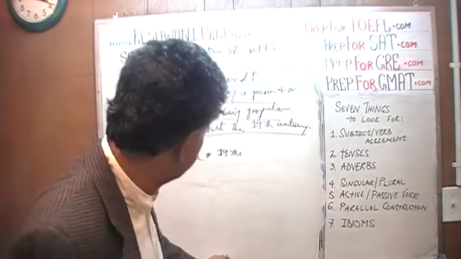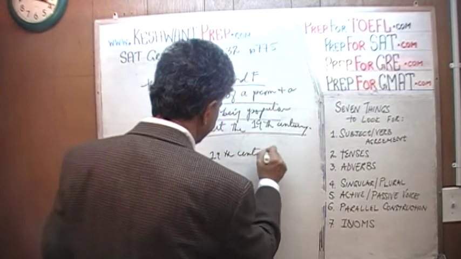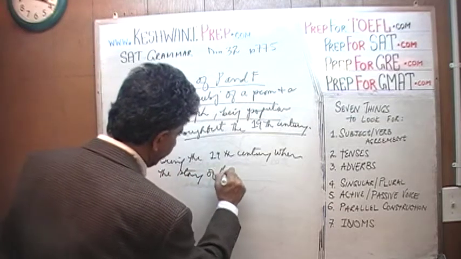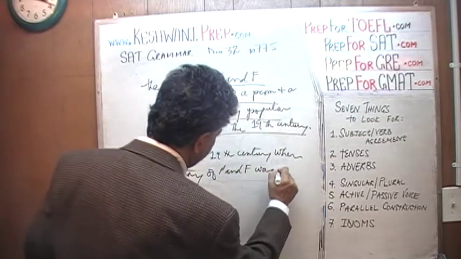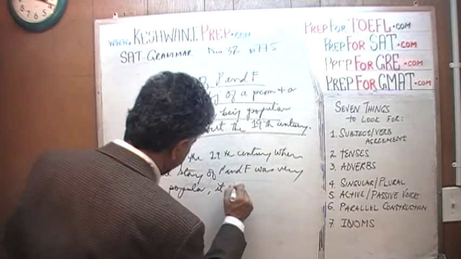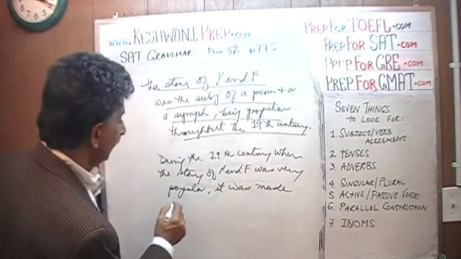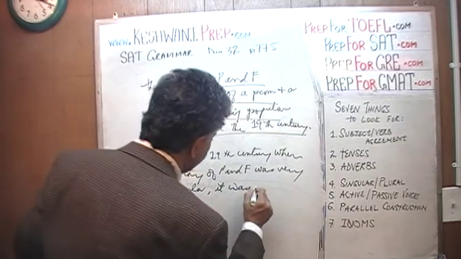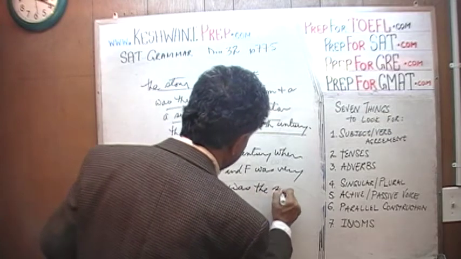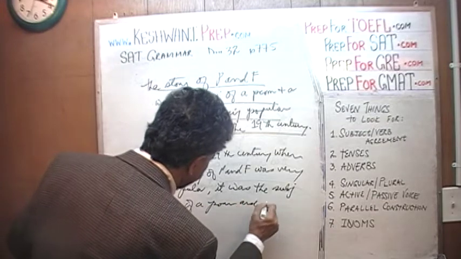During the 19th century, when the story of P&F was very popular, it was the subject of a poem and a symphony.